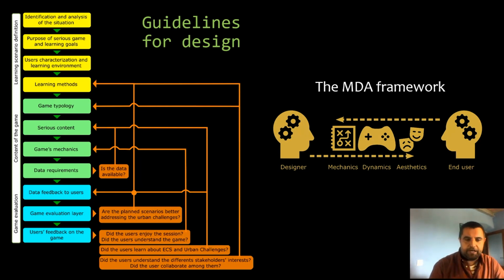And then the third part is the game evaluation. This is the flow of information from the game to the players, but also to the facilitator or the designer, in order to improve the game after the sessions that we play.